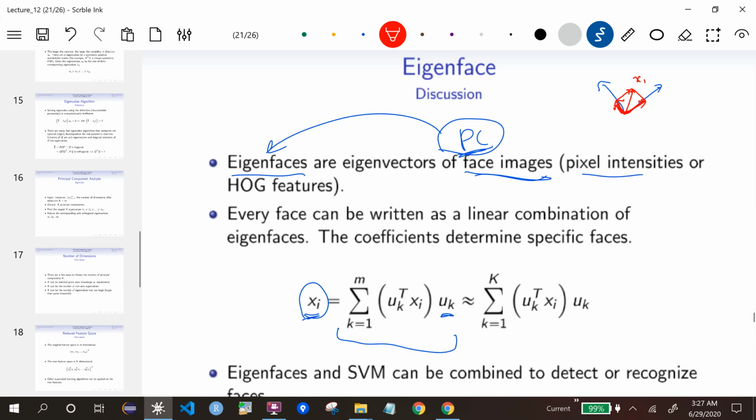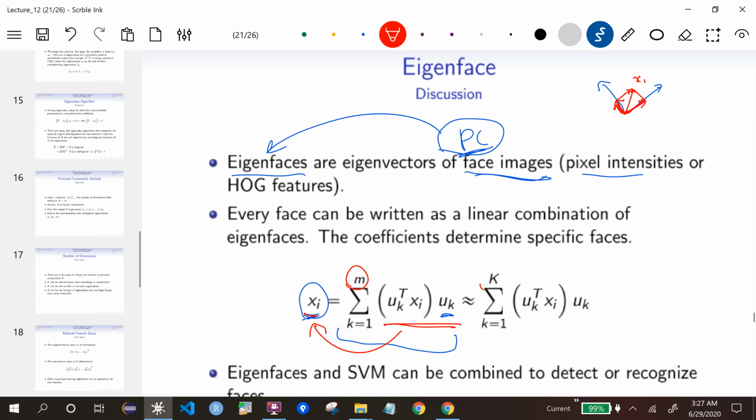So if we add up the projections from the first dimension plus the second dimension plus the third dimension, then we can get this original vector back if we add up all of them.